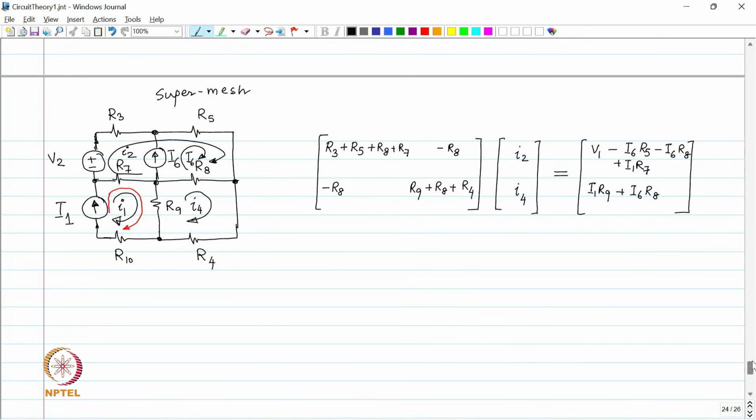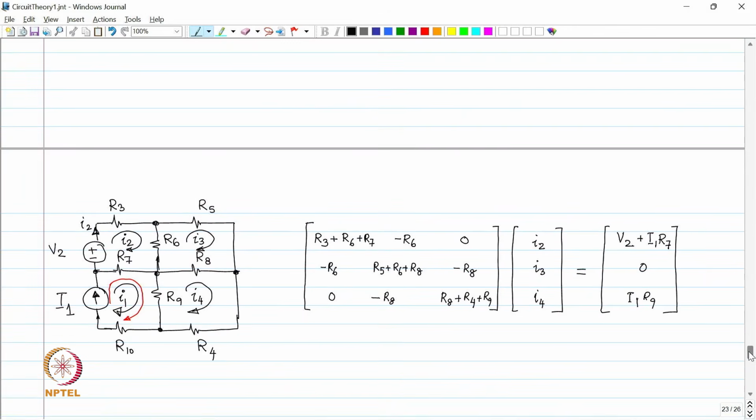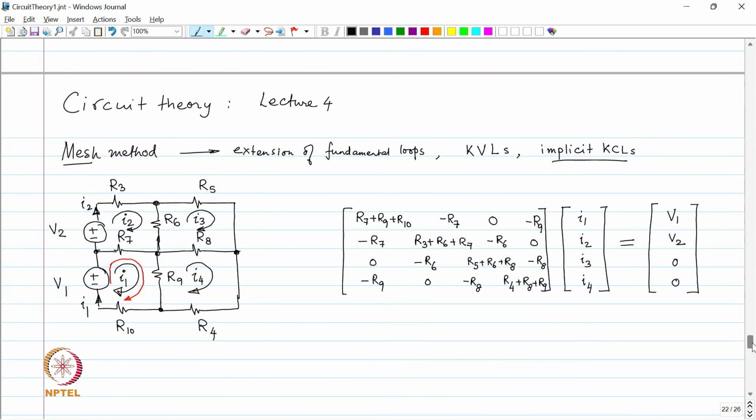This one was symmetric, the one before that was symmetric, and the one before that was also symmetric. So everything earlier was symmetric, only this one is not symmetric. What is going on? What is your conclusion?